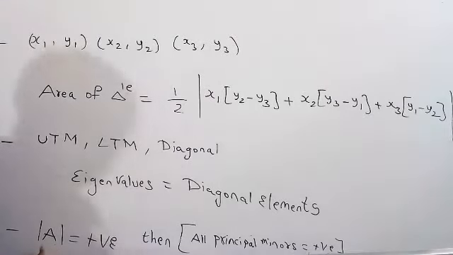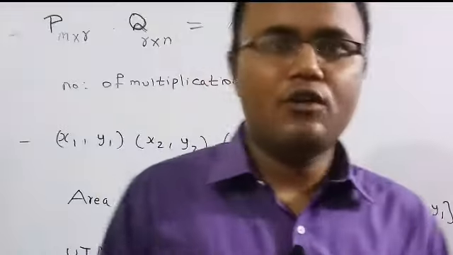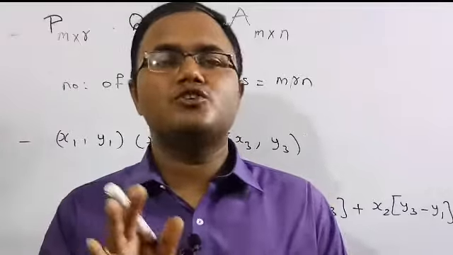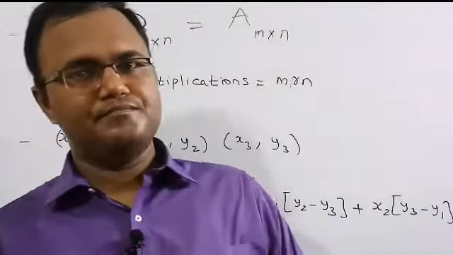Suppose, after some simplification, the determinant of a matrix is positive, then it means that all principal minors are positive. I have already told you what the minors are.